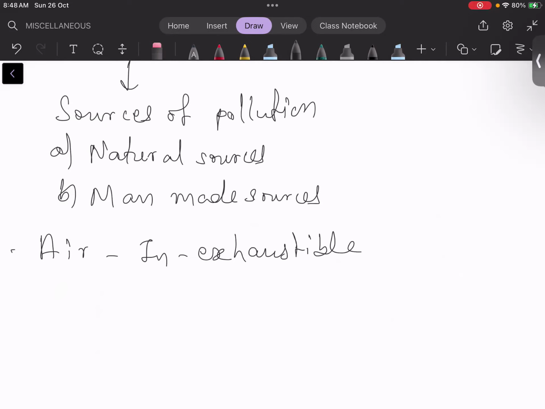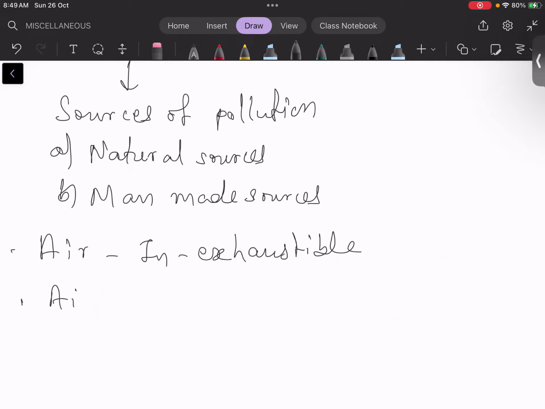Plants and animals depend on air for respiration. One cannot live without air even for 2 to 3 minutes. Therefore air is called the breath of life.